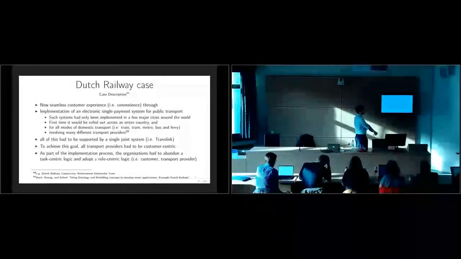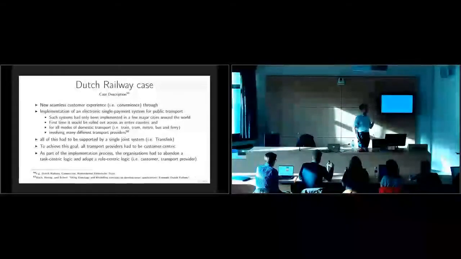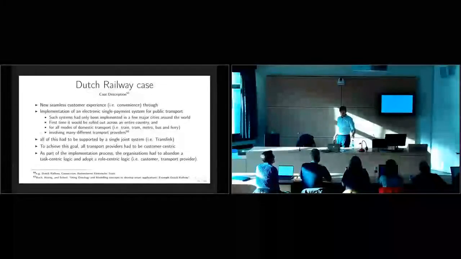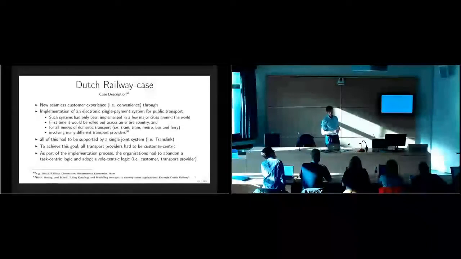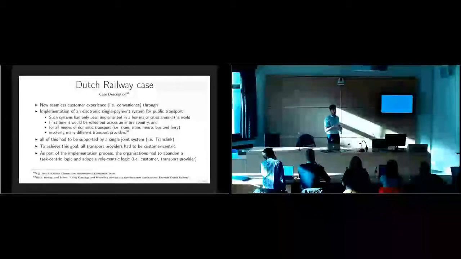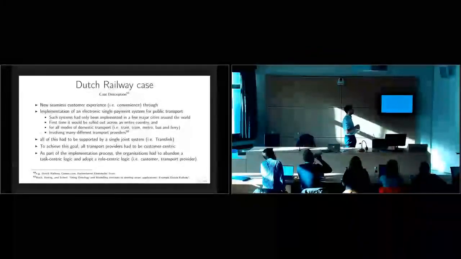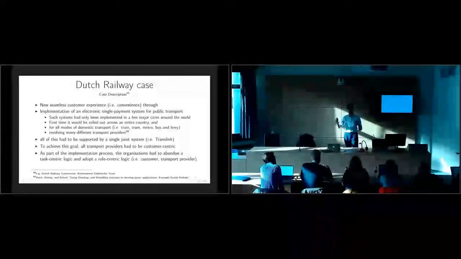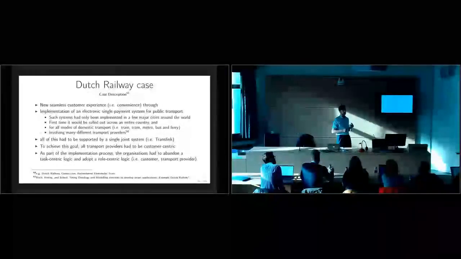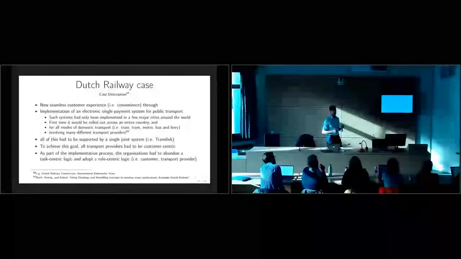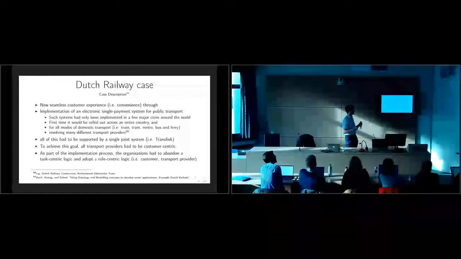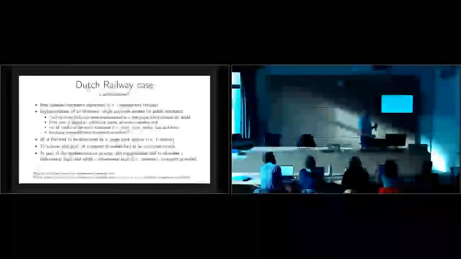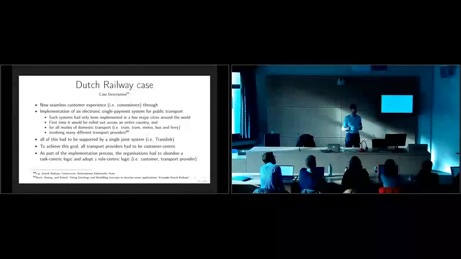So what was the goal of the Dutch railway case? They wanted to achieve seamless customer experience, meaning hop on, hop off transport with one payment card without you having to buy 7 different tickets from 7 different vendors. It's just, I need to get from point A to point B. I have my card, I'll get there.